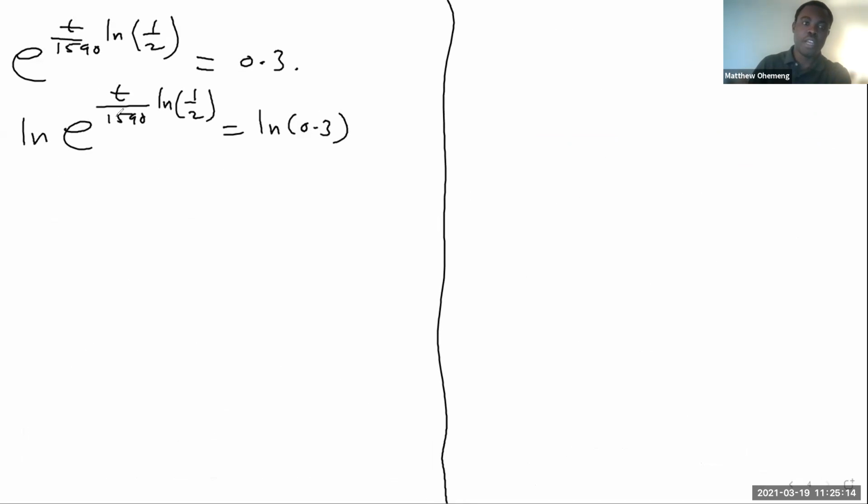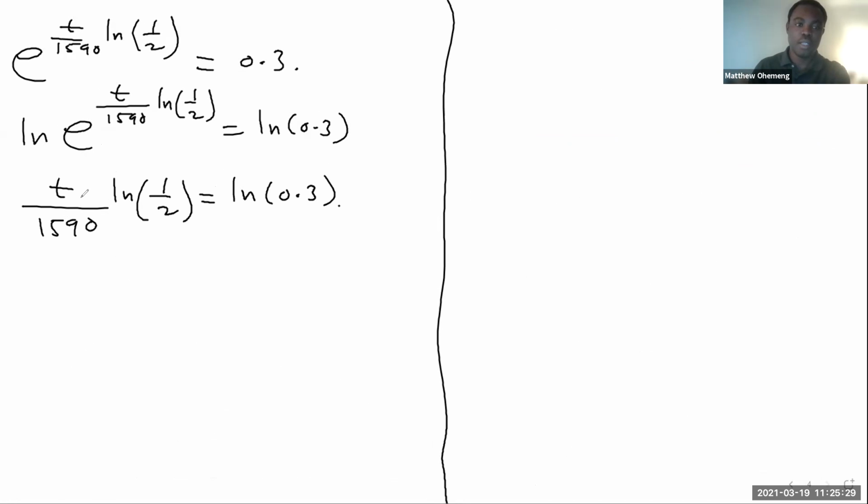For ln of e to some power, it's always going to be that power. So just t over 1590 times ln of 1/2 equals ln of 0.3. To solve for t, I will multiply both sides by 1590 and divide both sides by ln of half.